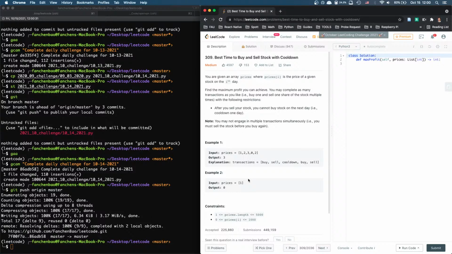Holding state is 0, right? And then if we sell 1, let's say we do sell, so we get 1. So the next round, again, holding state, I can either do -1, or I can buy, right?